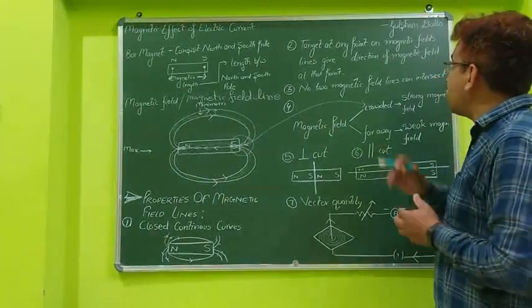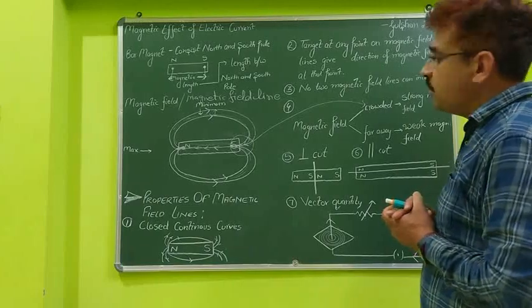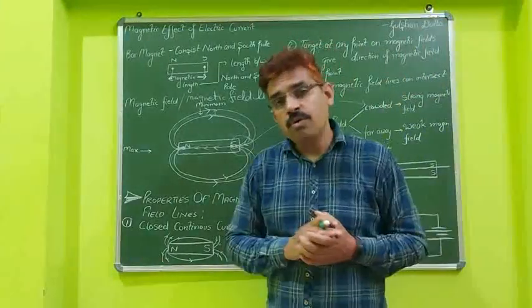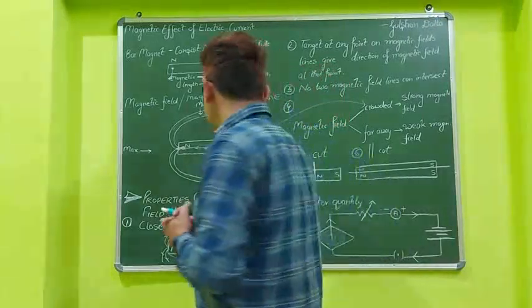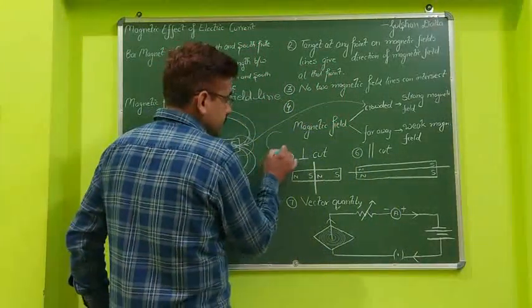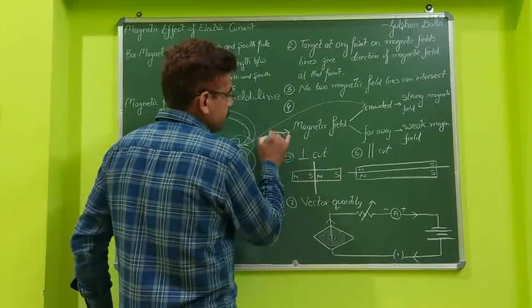Second, the tangent at any point on the magnetic field lines gives the direction of the magnetic field. So what is a tangent? You already studied what a tangent means. Suppose we have a circle. Let me share what a tangent is. This is a circle, and if I draw this line, it is called a tangent to the circle.